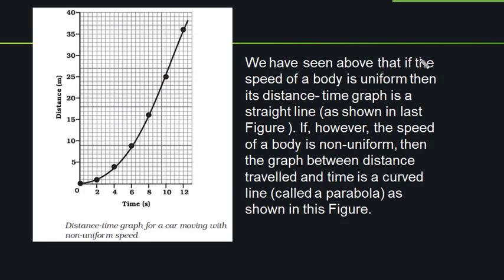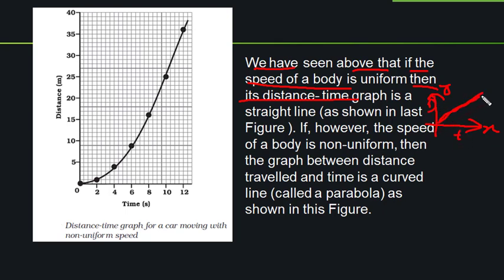We have seen above that if the speed of a body is uniform, then its distance-time graph is a straight line. It was something like this: this was the y-axis, this was the x-axis, this was distance, and this was time, and the graph was a straight line.